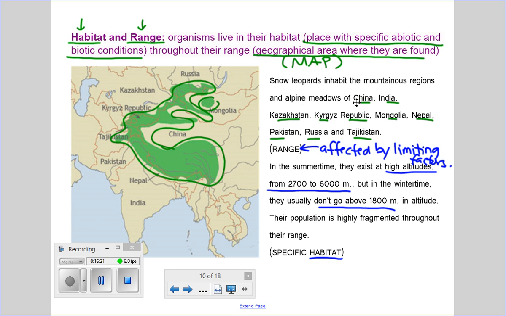Then it's very affected by limiting factors. An organism's specific habitat isn't a description of a particular place, it's a description of characteristics. Since if I change those characteristics, I'm not talking about the same habitat anymore, usually the thing that is affected by a limiting factor is the range of an organism.